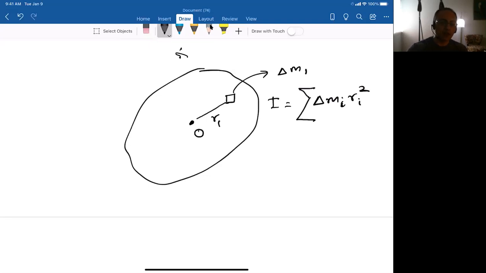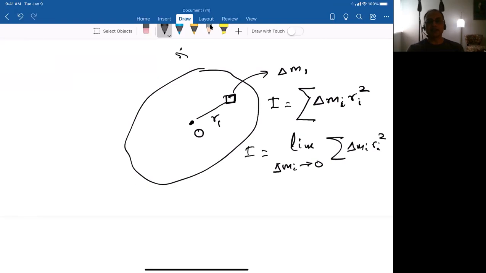And I just made one little qualification: to get an exact answer, I really want to make these as small as possible, because the formula that I'm using, m r squared, strictly applies to a point mass. So I'm taking the limit as delta mi tends to 0 of the summation of delta mi ri squared. That is the moment of inertia of the whole thing.